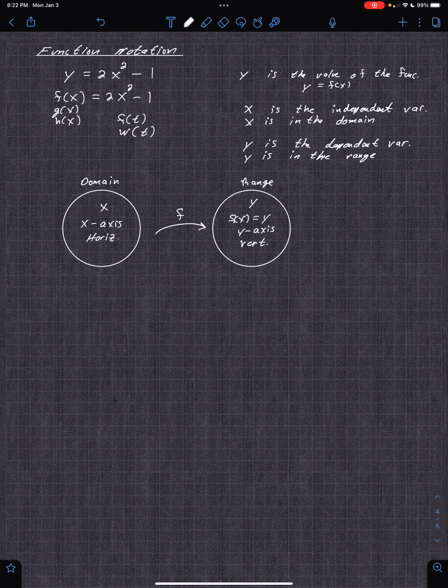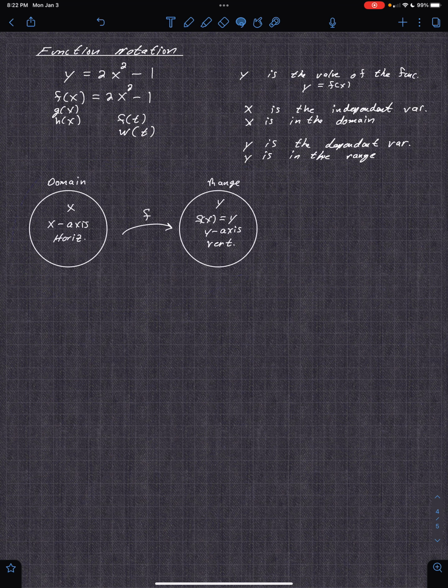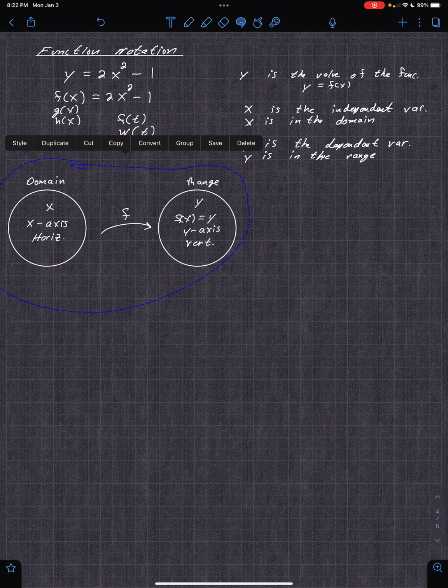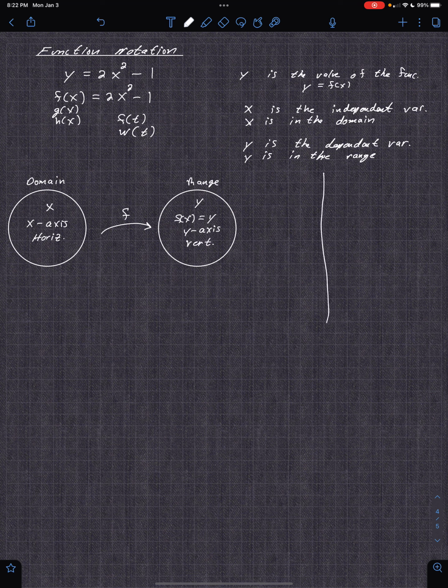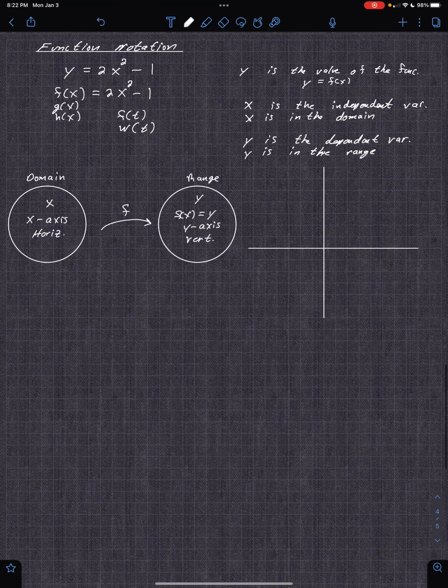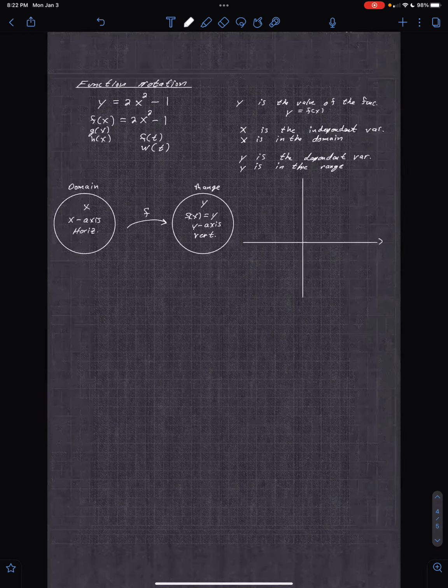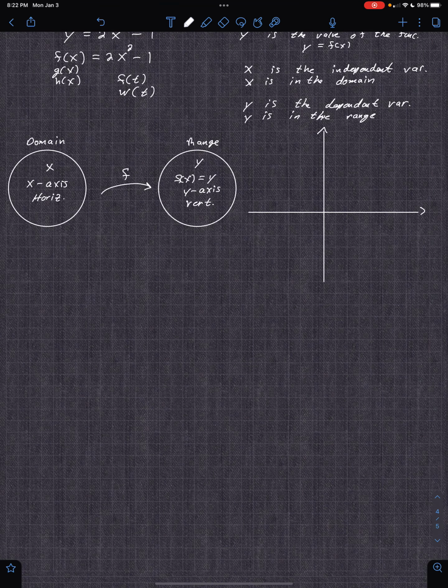In our notation, I'm going to go ahead and move this over and draw an axis and talk about that as well. Referring to what I had, here's your x, here's your y.